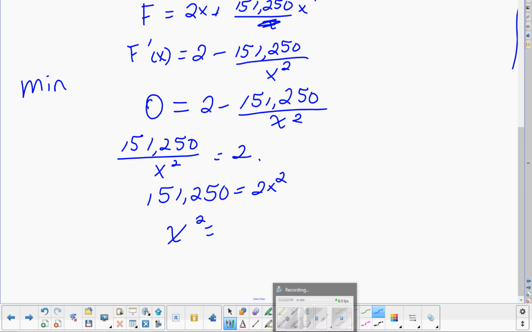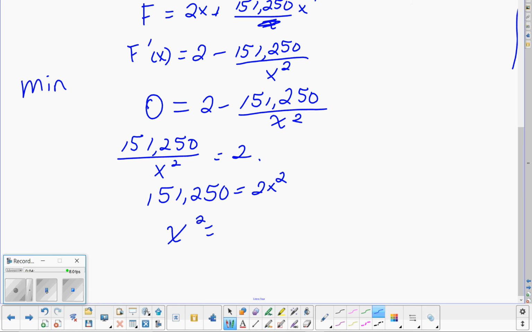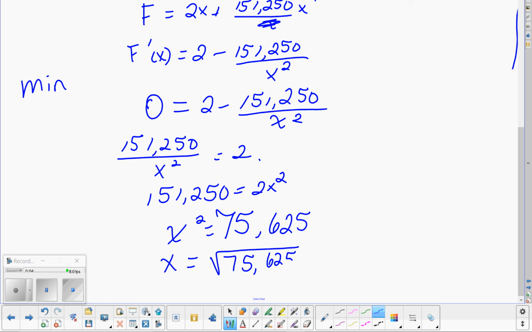Okay, so that was equal to 75,625. Now let's take the square root of both sides, and we could have plus or minus, but because we are working with fencing, it would make sense that we'd only have a positive square root. The square root of 75,625 actually is a very nice number, 275.